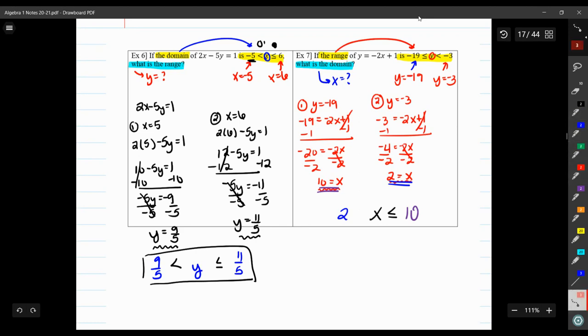Similarly, the negative 3 y value has a less than, so its corresponding x value also needs a less than. So we plugged in negative 3 here, and that gave us a value of 2. So the 2 needs to have a less than. And there's the resulting domain from a range of negative 19 less than or equal to y less than negative 3.